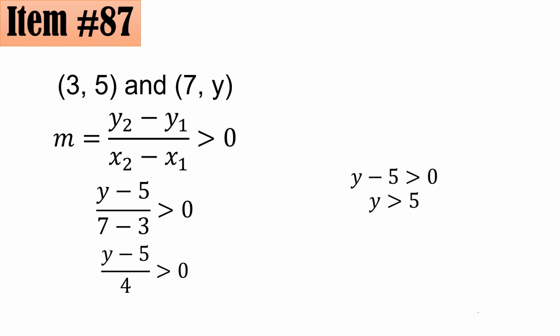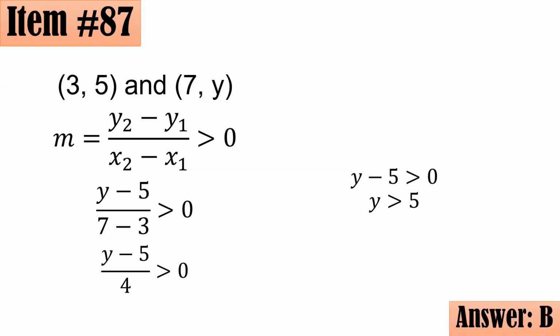That's why y minus 5 all over 4 is greater than 0. Multiplying both sides by 4 to clear off fractions, yung 4 times 0 naman ay magiging 0 din. So that's why yung left side magiging y minus 5, which is now greater than 0. And adding both sides by 5, you get y should be greater than 5.